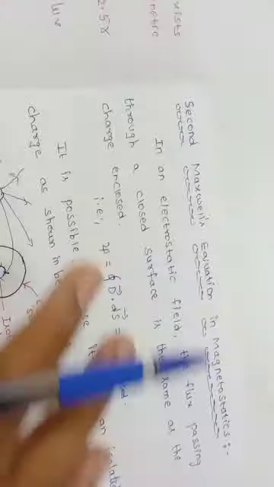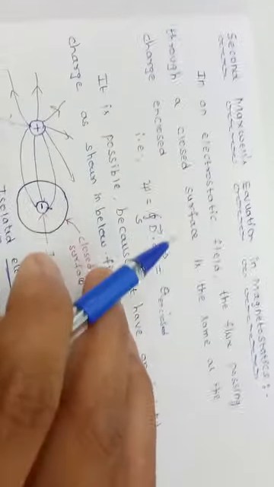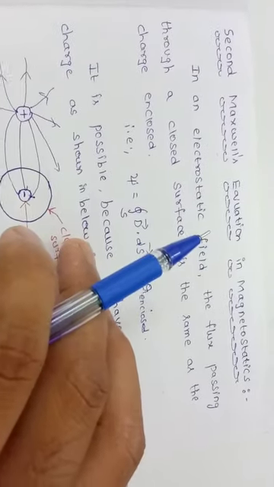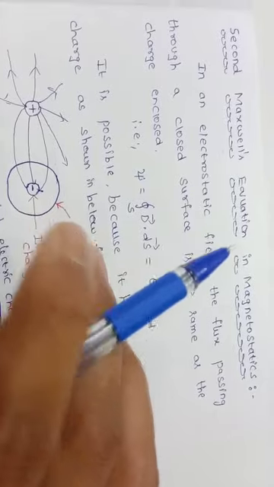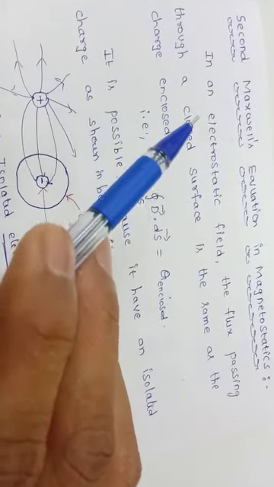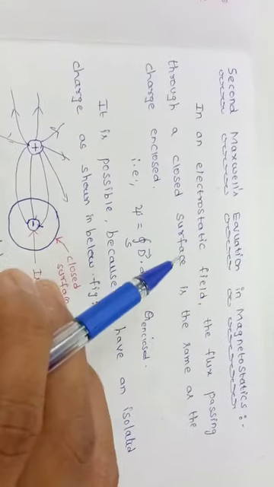Is it clear? Now coming back to the very important concept, that is the second Maxwell's equation in magnetostatics. This question is also going to be asked: prove that or show that the divergence of magnetic flux density is equal to 0. Now we are going to discuss the second Maxwell's equation in magnetostatics.